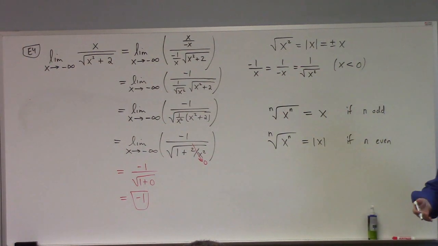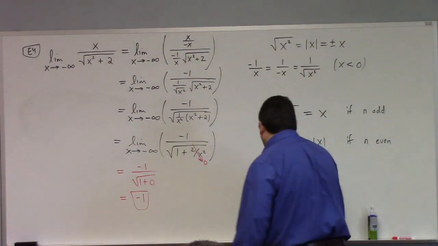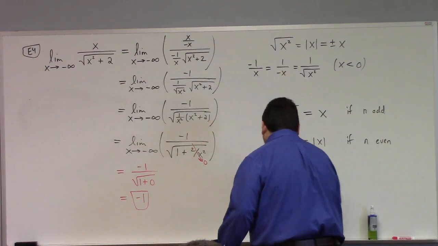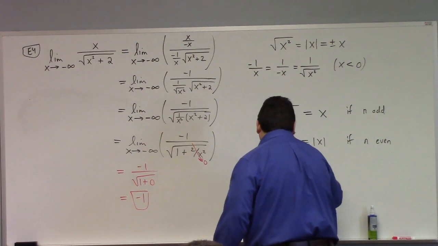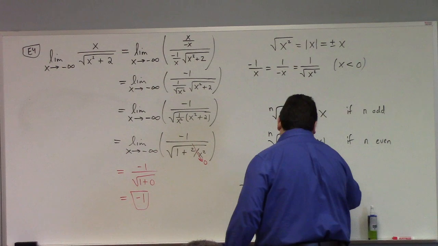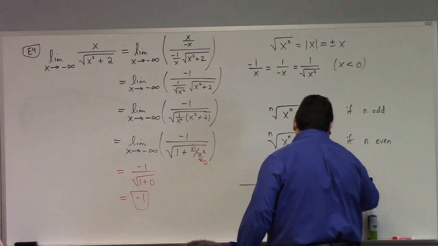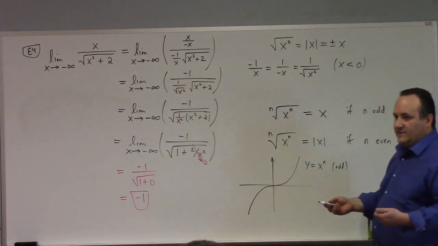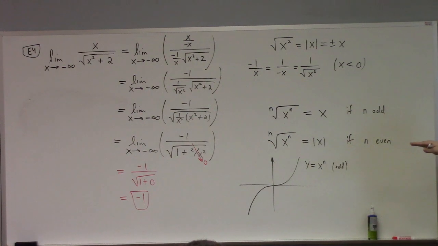So what's going on, roughly speaking, is this: if you graph x to the n for odd n, basically y equals x to the n, right? In that case, it's a one-to-one function, and there's an inverse function, which is the nth root function.